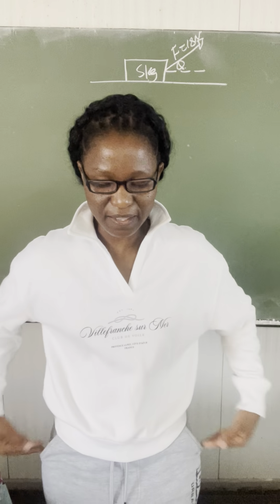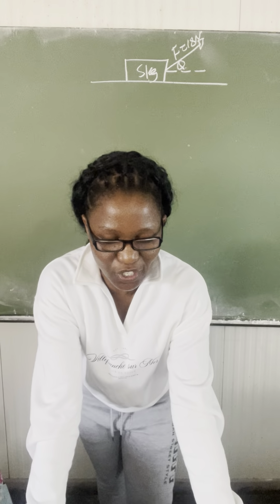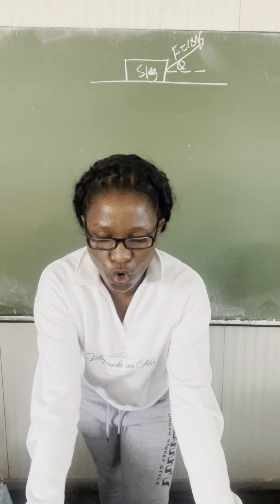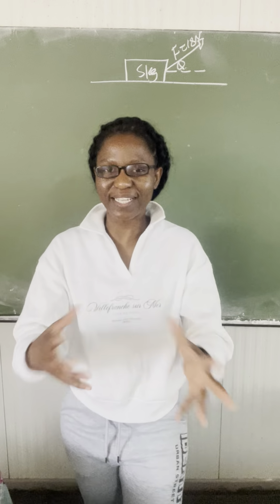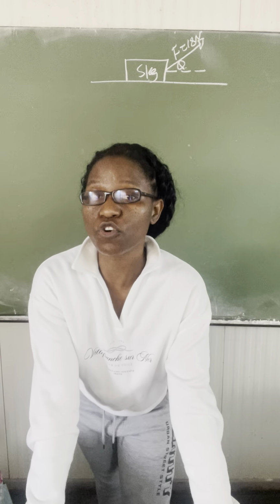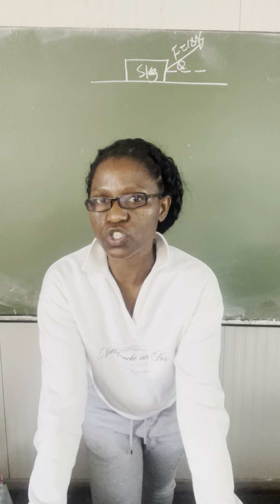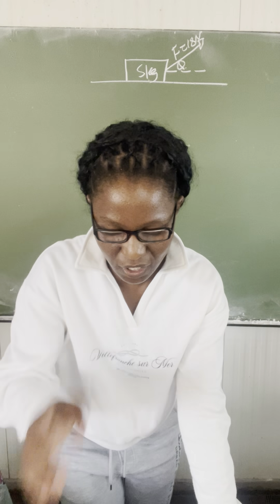They were given a statement there. They said a block of mass 5 kg is at rest on a rough horizontal surface. Since the learners were told that the surface is rough, of course they were expecting the presence of a friction force. It can either be static or kinetic frictional force.